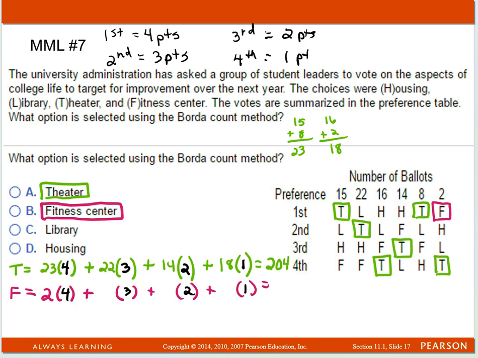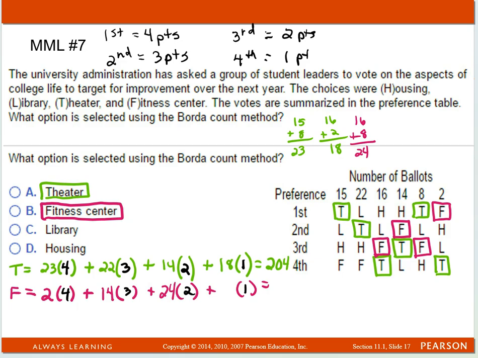Then I go to my second row, and there's only 1 F, and there's 14 people there. So put 14 times 3, because remember, 14 is how many second place votes there are, and you get 3 points for each of those. Then I go to the third row. I've got 2 Fs: this F here, which is under 16, and this F here, which is under 8. 16 plus 8 is 24, so there are 24 third place votes.